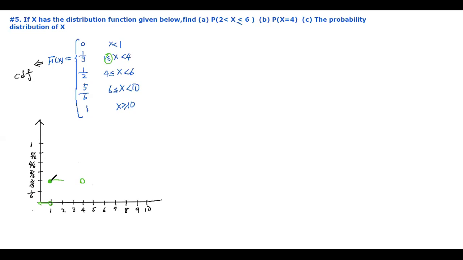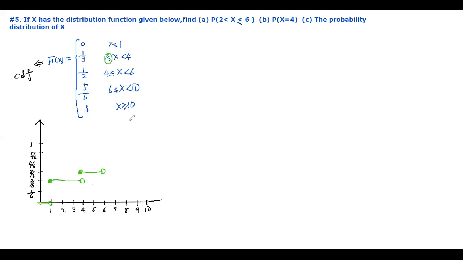The 4 is a circle because I don't have an equal sign. Then 4 to 6 is 1/2, which is 3 over 6.